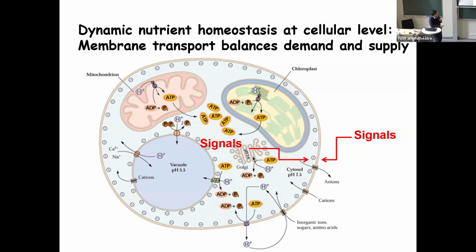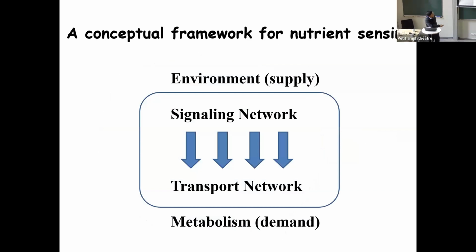So there are really two big networks, right? One signaling network that detects supply and demand, and then informs the transport network, which consists of literally hundreds or thousands of transporters, which transporters need to work and which need to be inactive. So it's a very dynamic process.